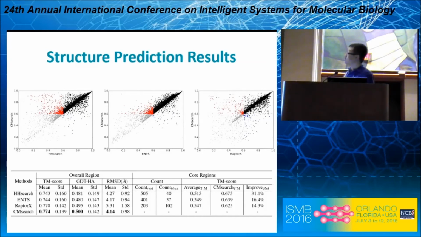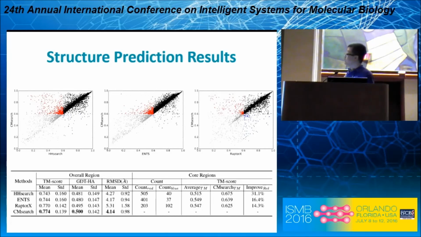And here I'm drawing you the scatter plot where the y-axis is always CMsearch and the x-axis is the corresponding state-of-the-art methods. I partitioned this scatter plot into 4 parts for you. The gray part is the difficult cases, where none of the methods can generate a reliable structure model, which means TM score above 0.6. And the black parts are the simple cases, which means both methods can easily solve the problem.